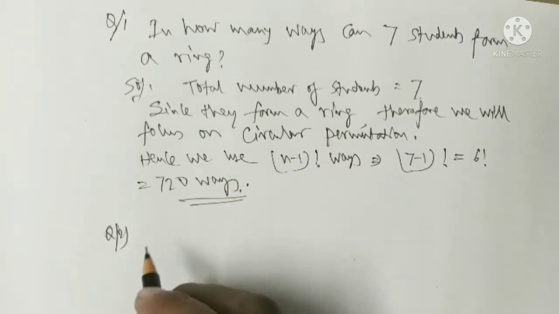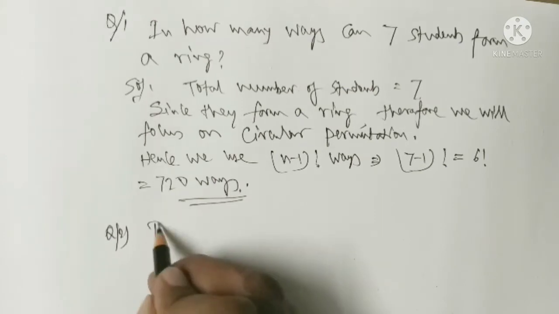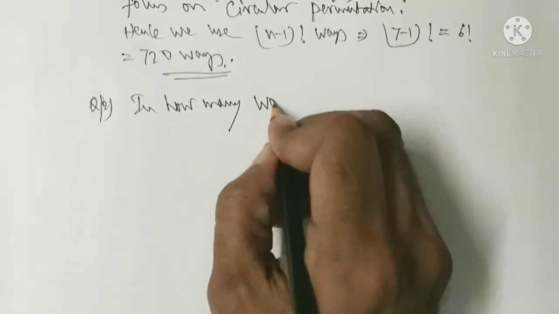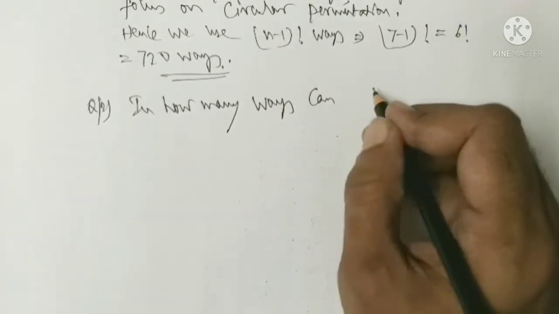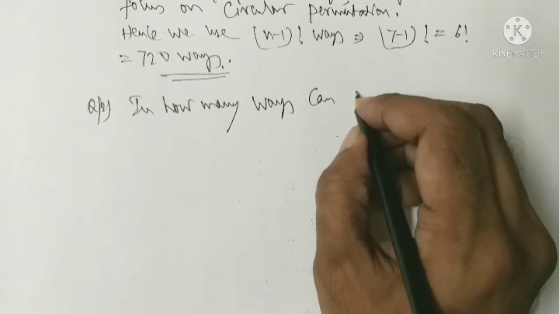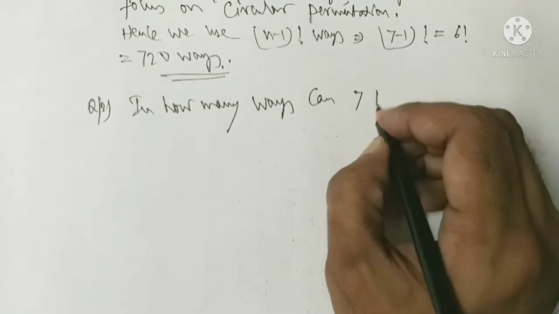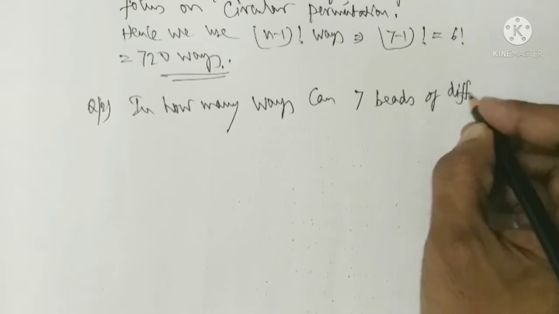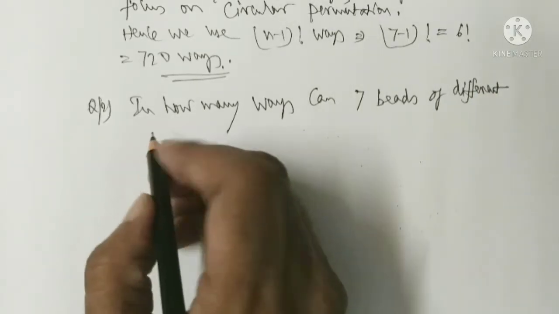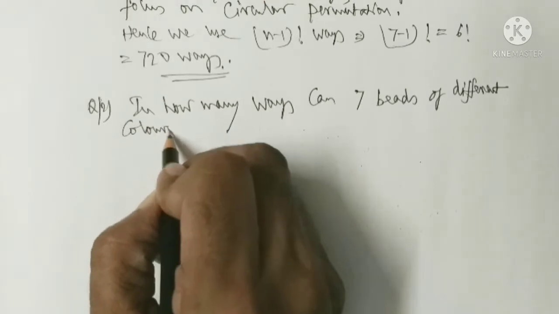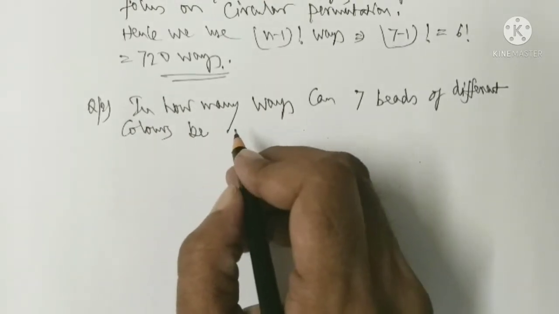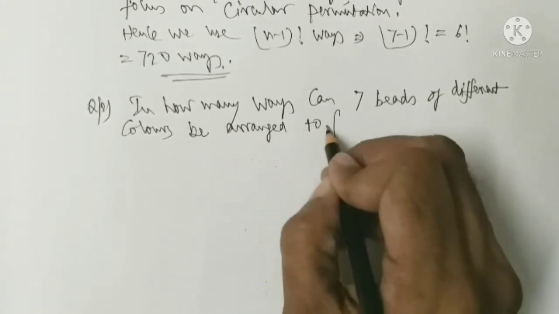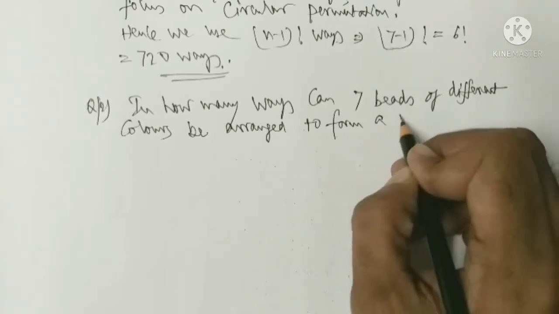In question number 2, in how many ways can 7 beads of different colors be arranged to form a necklace?